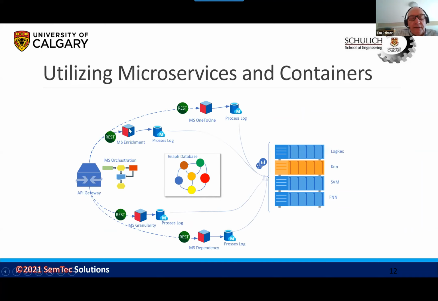Here in this schematic you can see four microservices that are running. Each one has only one task to do, and that is to execute the pattern that it is in, where it has the DNA of that particular pattern ingrained. So this microservice does nothing else than an enrichment. This one does only a one-to-one. This does only a granularity, and this one only a dependency.